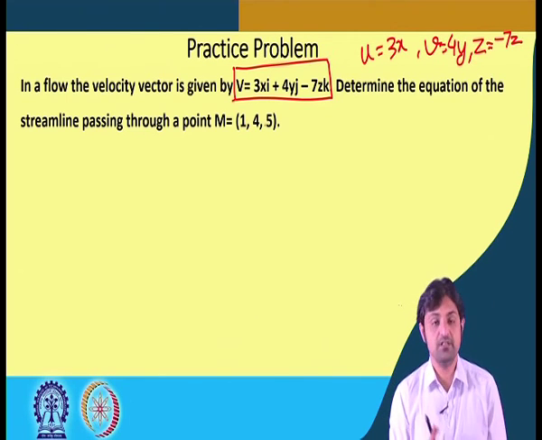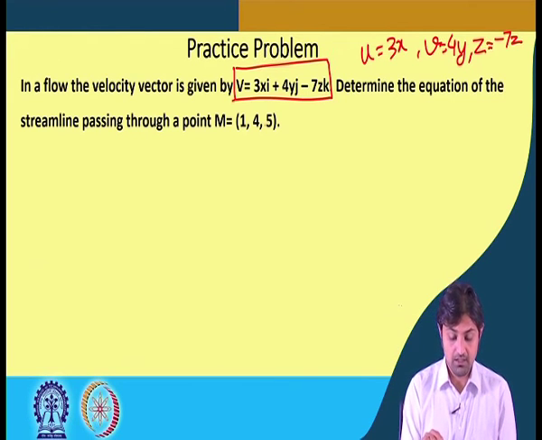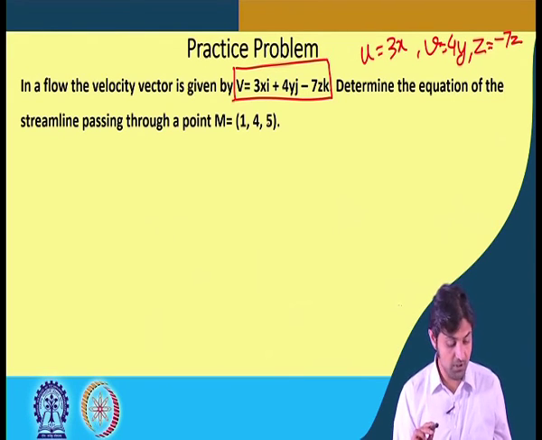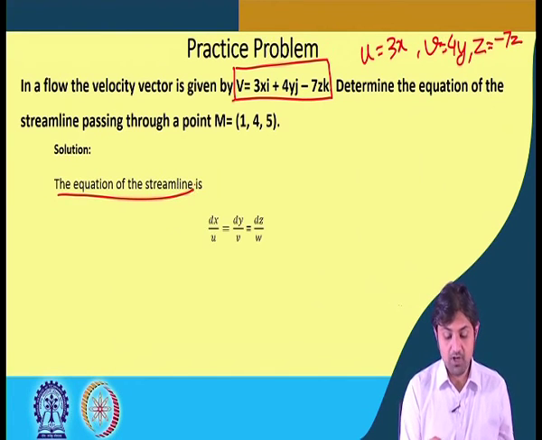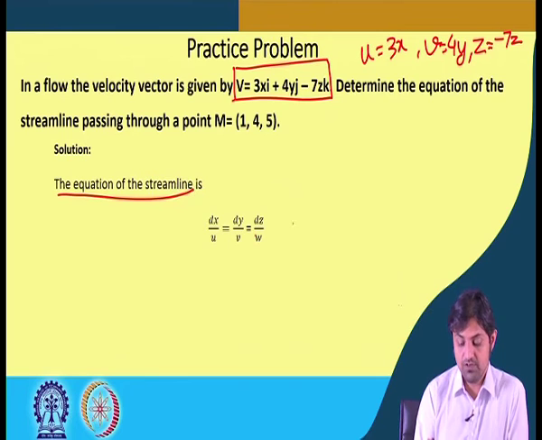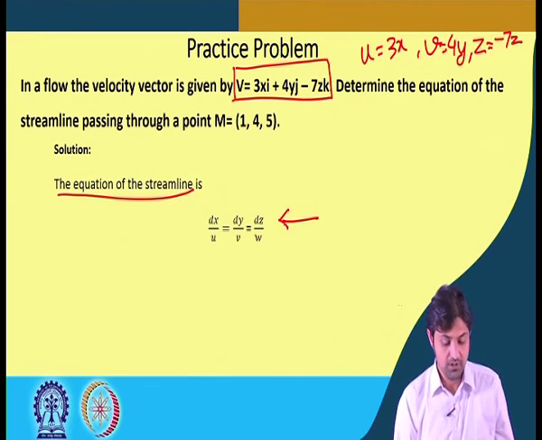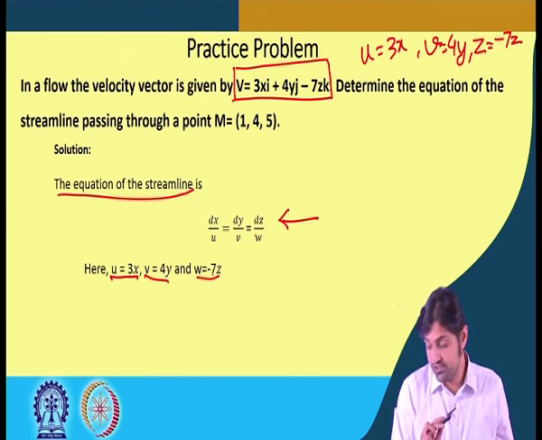The procedure is very simple. We have done this equation before. The equation of the streamline is given by dx by u is equal to dy by v is equal to dz by w. This we have seen in the last slide. This is the most important equation, and we already know u, v and w. So we can write, as I wrote before, u is 3x, v is 4y, w is minus 7z.